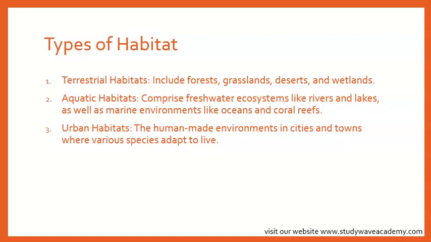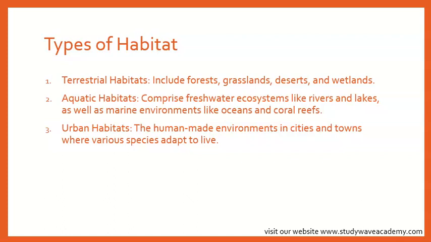Grassland is like a big open space with grass and is home to animals like deer and zebras. Deserts. Deserts are dry and hot, with very little water, and home to creatures like camels. Okay? Wetlands.